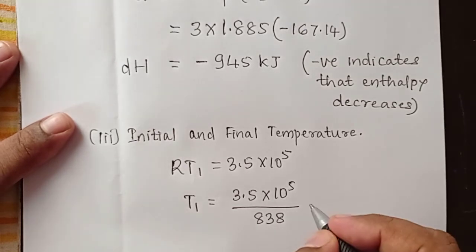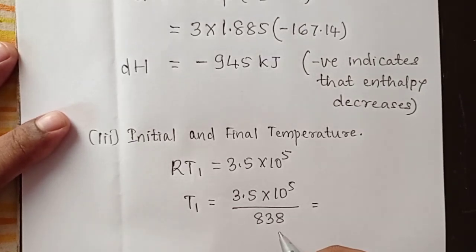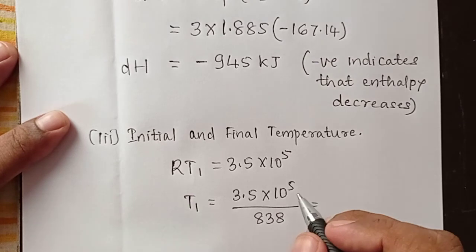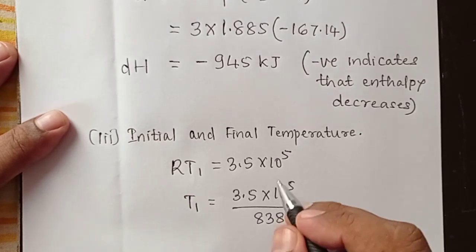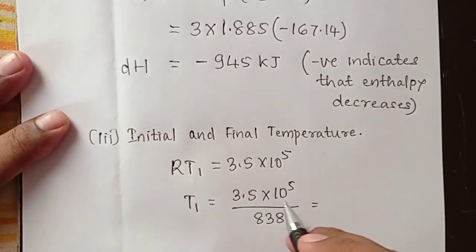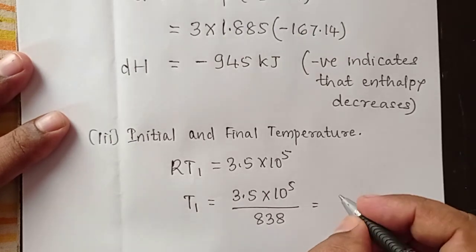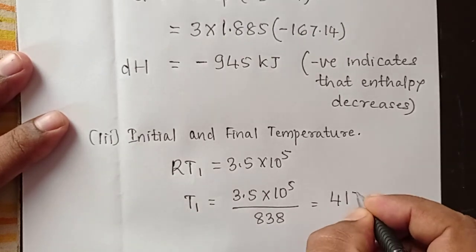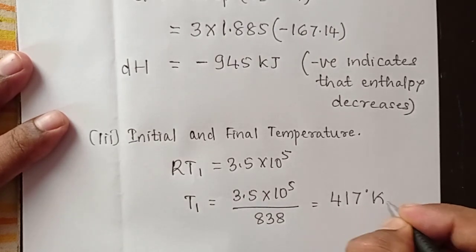So this has to be in joules per kg Kelvin, because the pressure you have converted is in Newton per meter square. Therefore you'll get the answer as 417 degrees Kelvin.